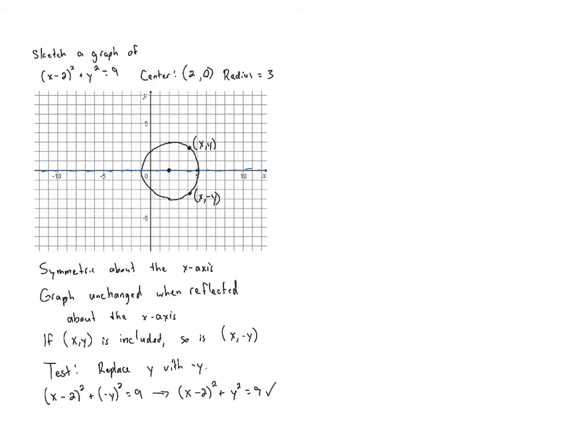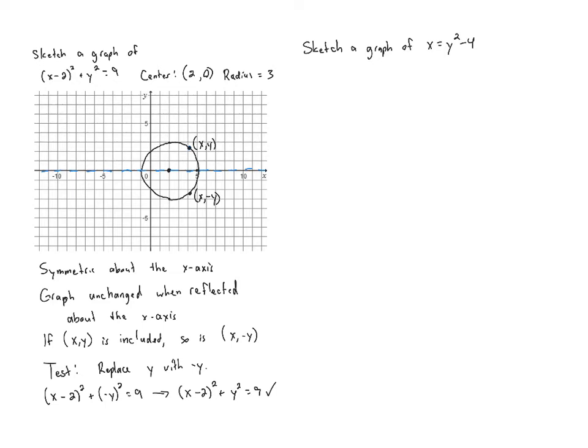We're going to look at another example that has the same symmetry. This is going to be a little bit different from graphs we've seen before, but I think it'll be good for us to take a look at it. Let's sketch a graph of x equals y squared minus 4. Now usually we have y equals something with x. Now we have x equals something with y.